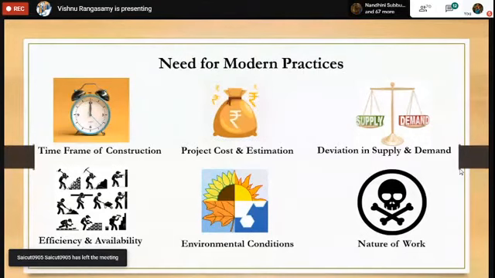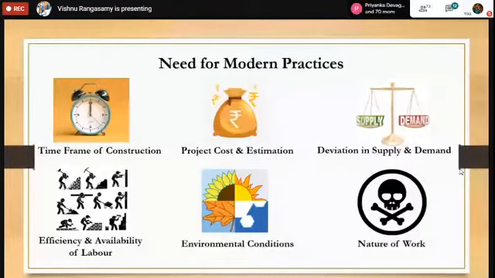If we estimate a project at around 10 to 15 crores, and we use modern practices like modern equipment and machinery, the project cost will be reduced to some extent, so that it is converted into profit for us as engineers.